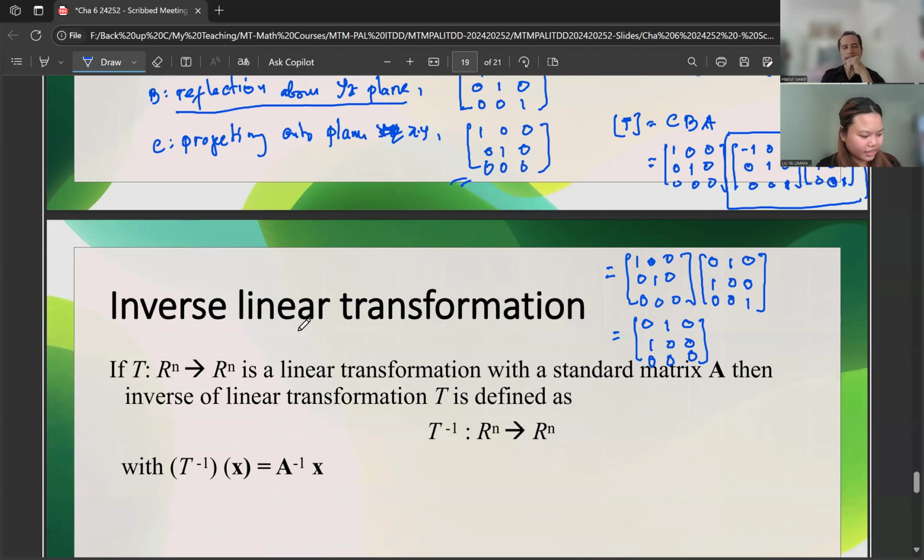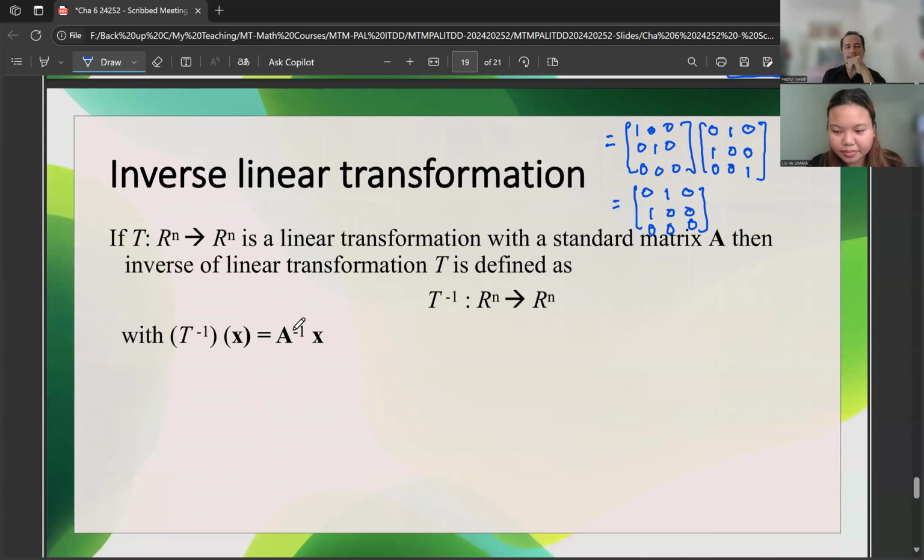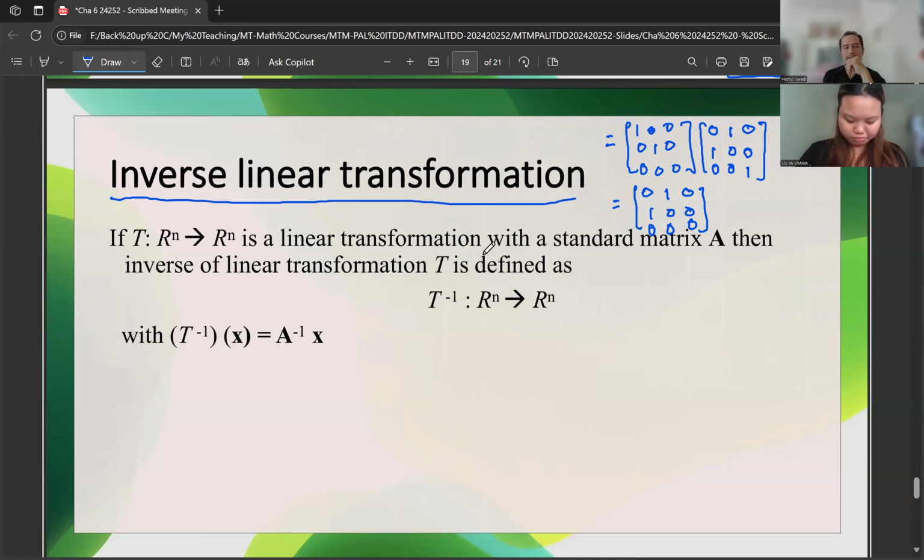Okay, then we go to the last slide, maybe the second last slide. We want to talk about inverse linear transformation.